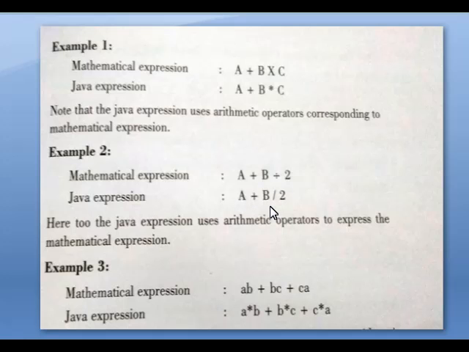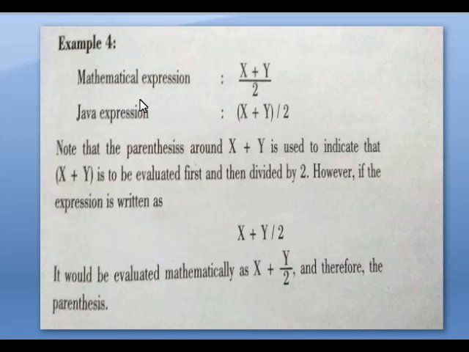The next one, the mathematical expression is ab + bc + ca. In mathematics it is okay, but in a Java expression you have to write it as a * b + b * c + c * a. Now see the next example. Example number 4, the mathematical expression is (x + y) upon 2. If it is like this, you have to use the parenthesis.